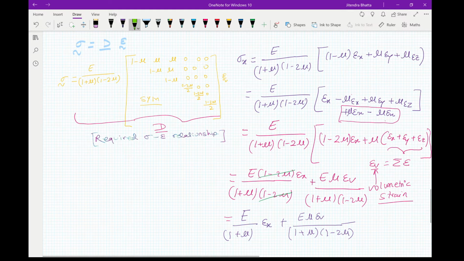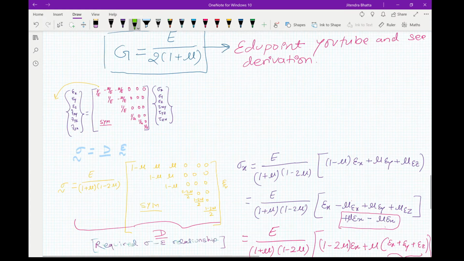You can multiply by 2 and 2 here, because our shear modulus equals E by 2 times 1 plus mu, as shown here.